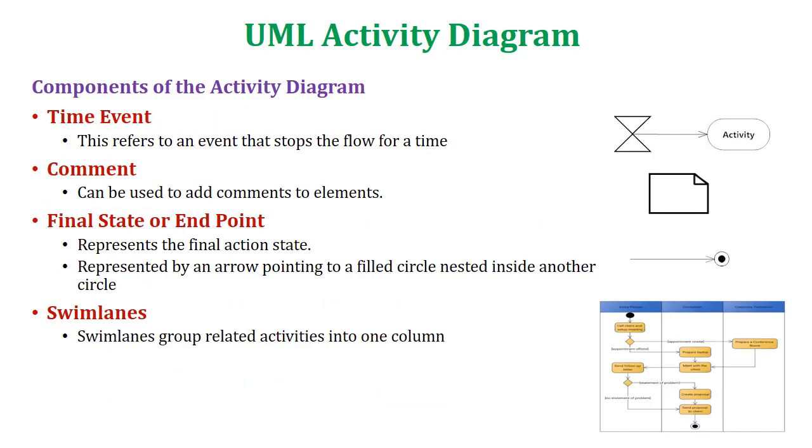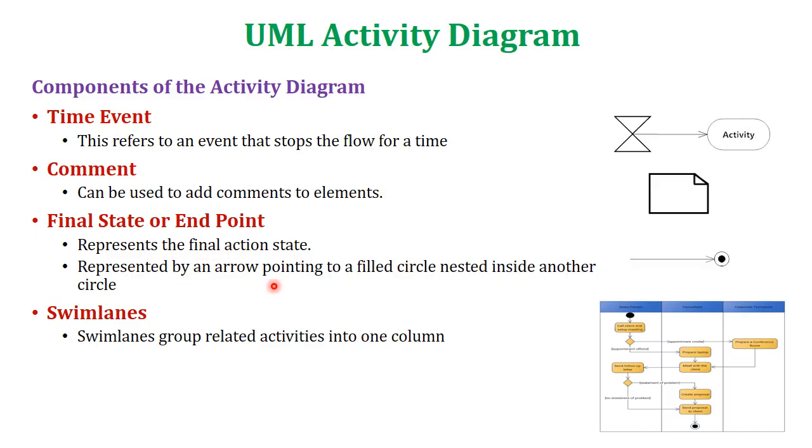The next component, time event. This refers to an event that stops the flow of time. And the next one is comment. It is used to add comments to the elements. And next component, final state or endpoint. It shows the final action state.